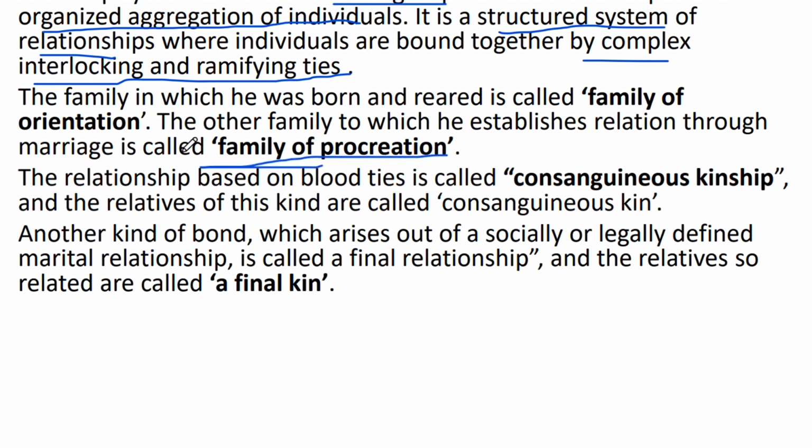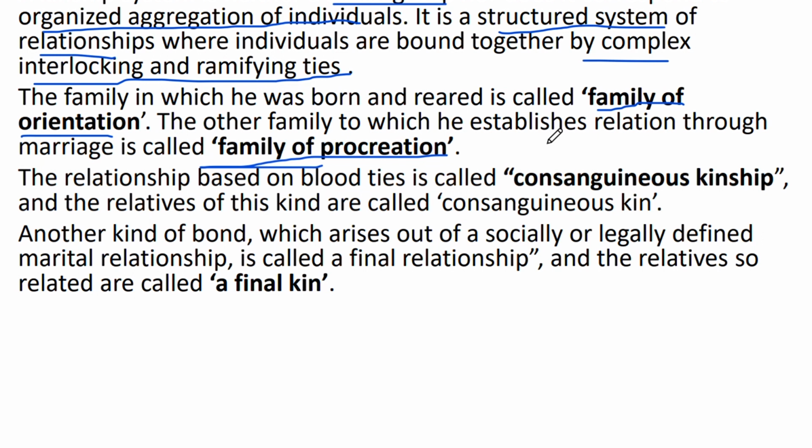If you are a child of your parents, that family is called the family of orientation. And if you go out and have a family of your own through marriage, that is the family of procreation.